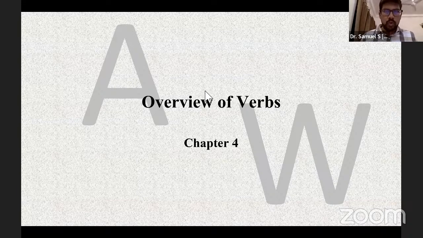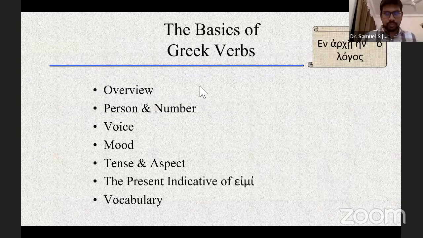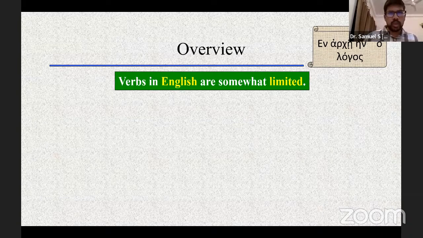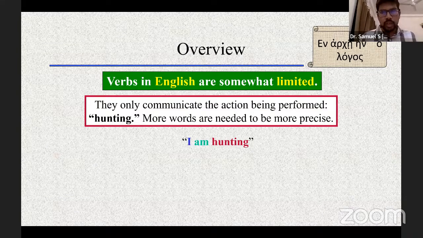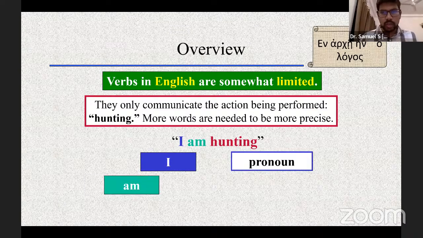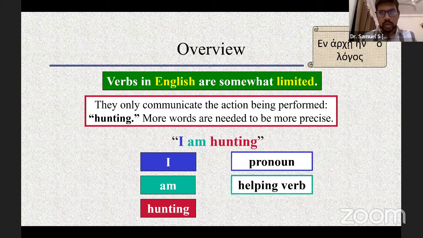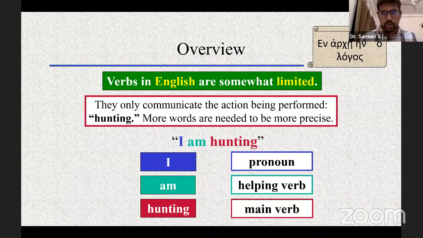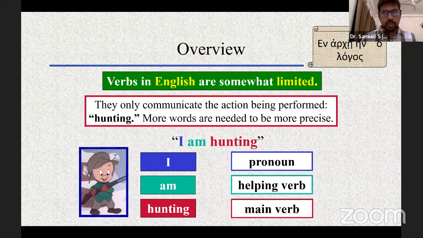All right, overview of verbs. We saw last week that in English, verbs are somewhat limited. They only communicate the action, and we need more helping words in English to communicate what is happening.